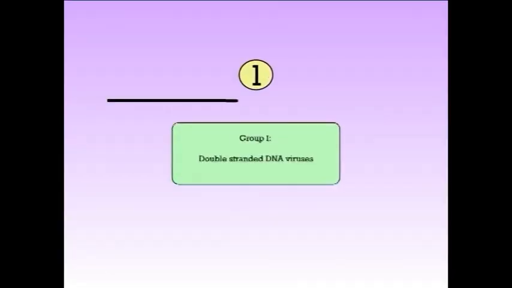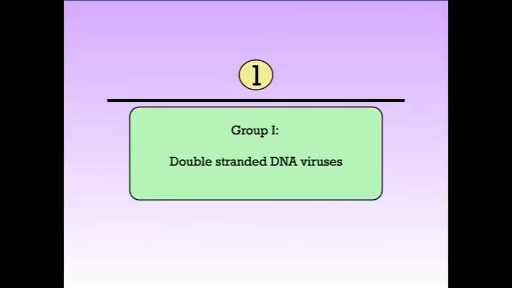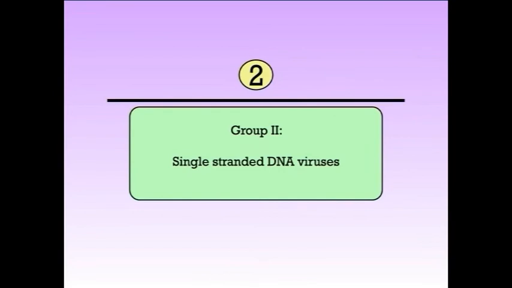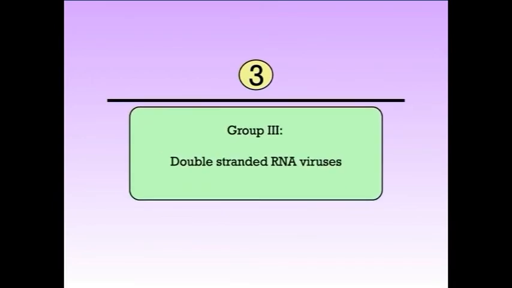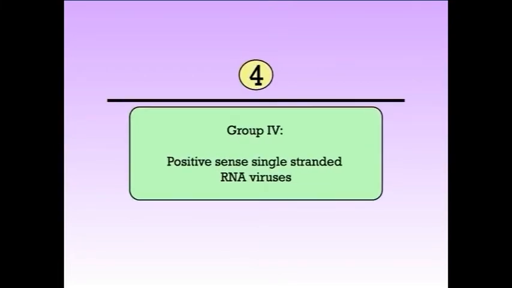The first one is Group 1, which consists of double-stranded DNA viruses. Group 2 consists of single-stranded DNA viruses. Group 3 contains double-stranded RNA viruses. Group 4 contains positive sense single-stranded RNA viruses.